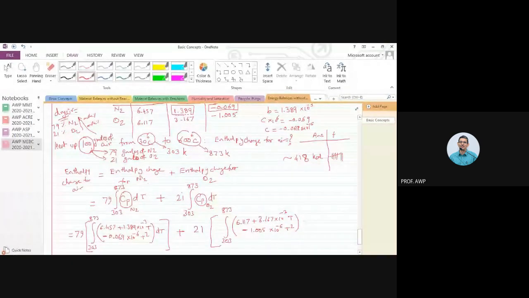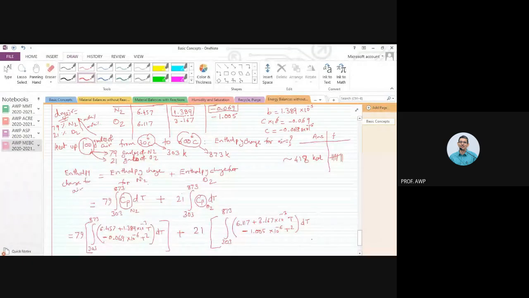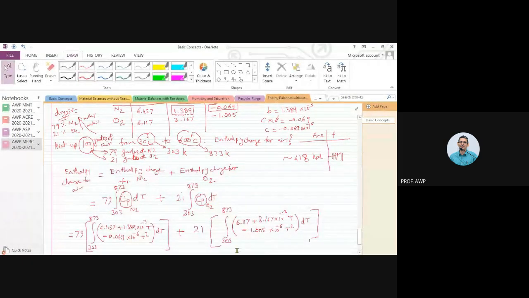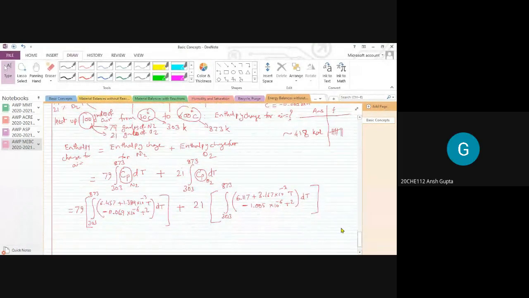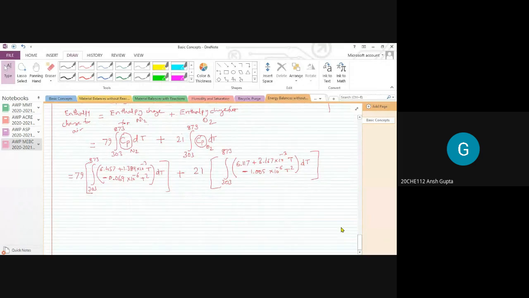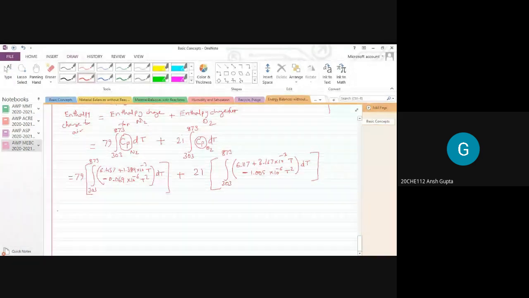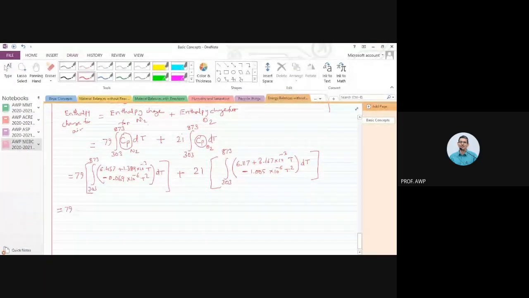This whole expression is to be integrated with temperature from 303 to 873. Ansh, is that okay? Yes, sir.